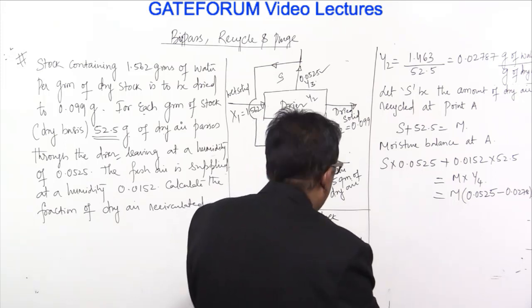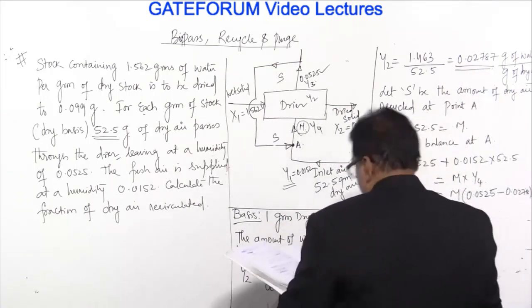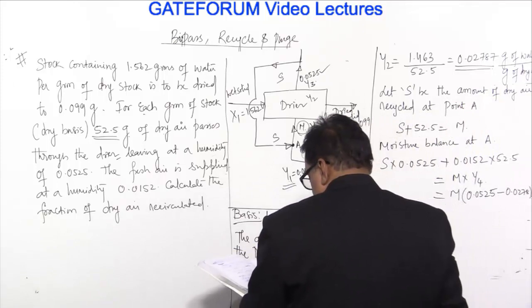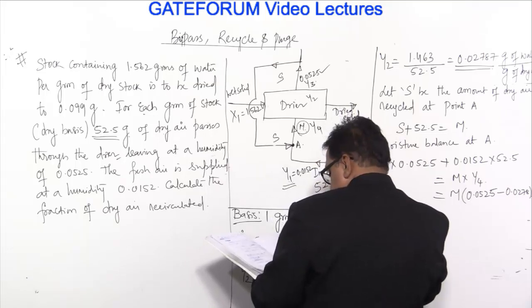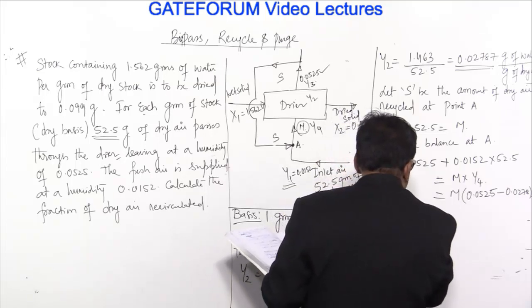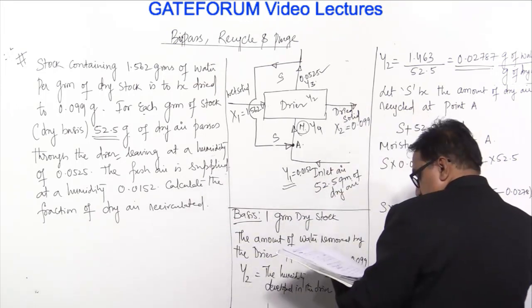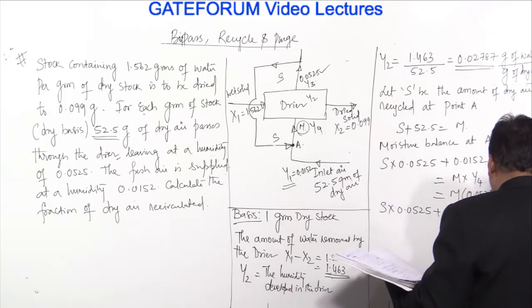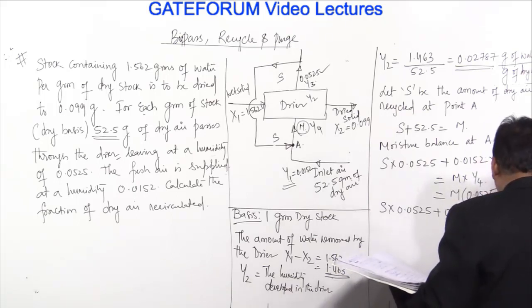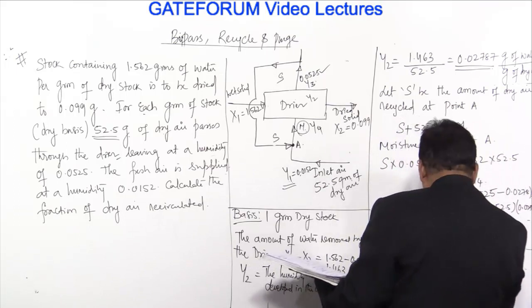So S into 0.0525 plus 0.0152 into 52.5 is equal to S plus 52.5, that is M, into 0.0255. If you solve for S, it is equal to 49.55.